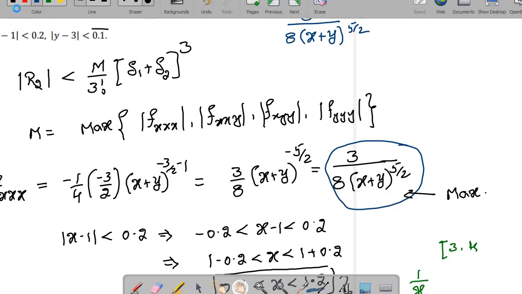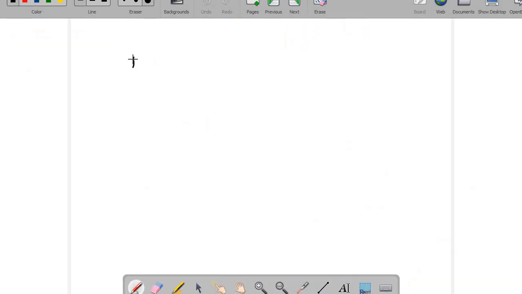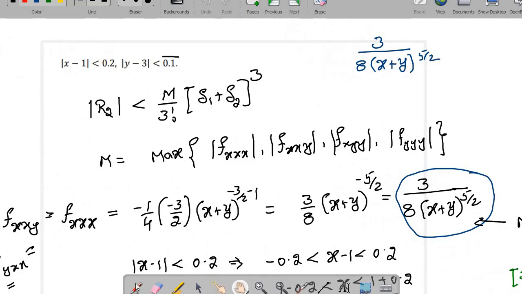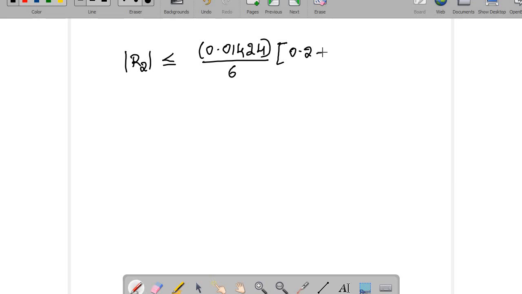So therefore the absolute value of R2 is less than or equal to the M value we got, 0.01424, divided by 3 factorial, which is 6, times delta 1 plus delta 2 whole cube. What are delta 1 and delta 2 here? Delta 1 is 0.2 and delta 2 is 0.1, so it is 0.2 plus 0.1 whole cube.